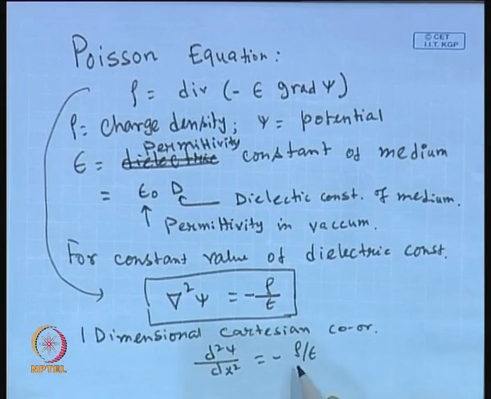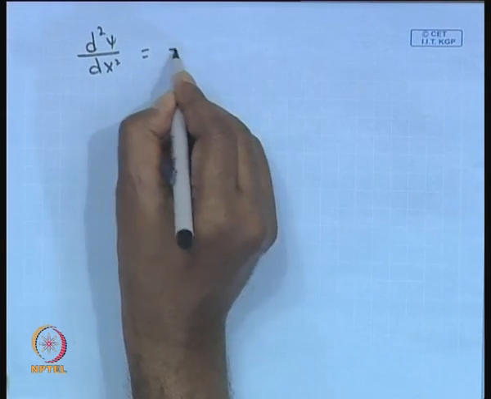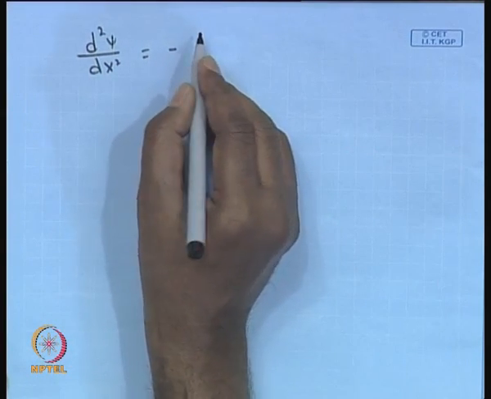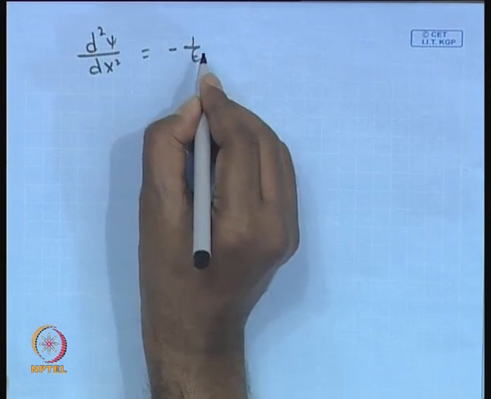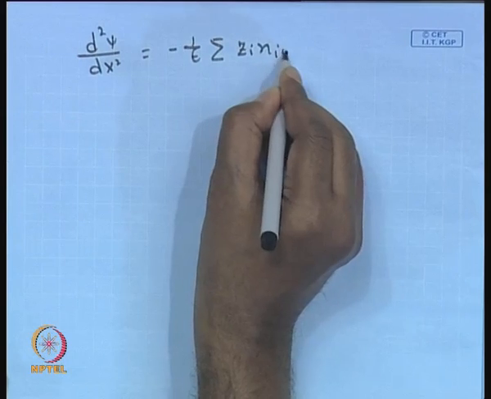And since we have already defined the expression of charge density, and charge density will be in terms of number concentration of the ions, which is known as a Boltzmann distribution. Just insert that in this equation and see what you get. So, you will be getting d square psi dx square will be minus 1 over epsilon summation z I n I naught.